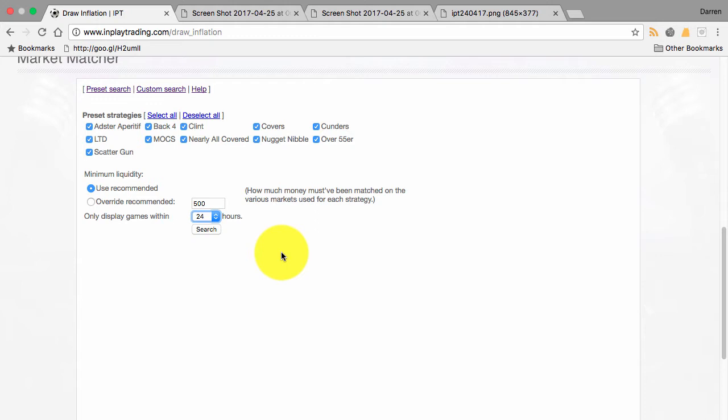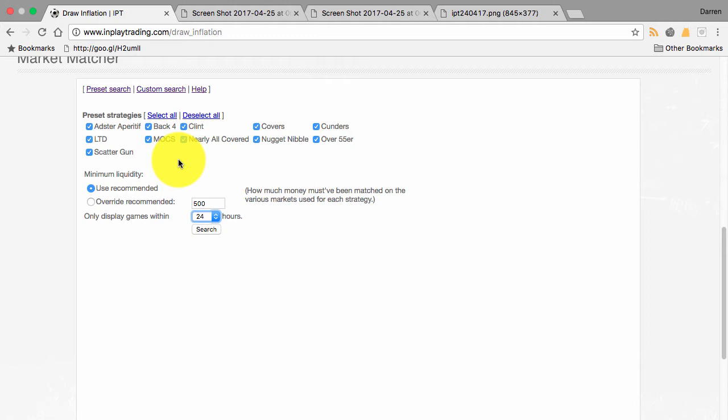So there will be certain criteria based around some of the strategies. For example, one of the new ones is back four. Then we're looking for home teams where their odds are between 1.9 and 2.3. So obviously you can disregard anything else that's actually there.